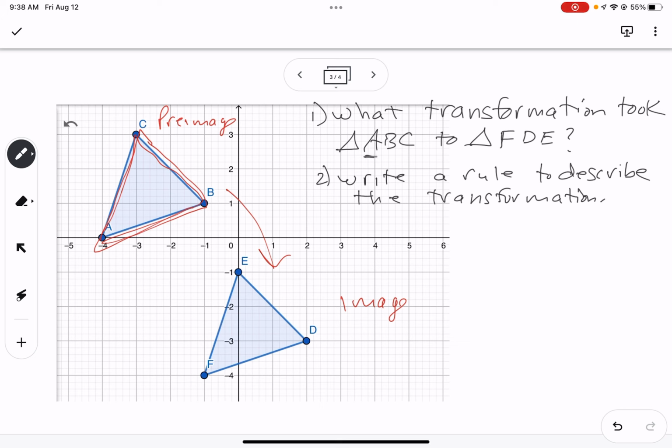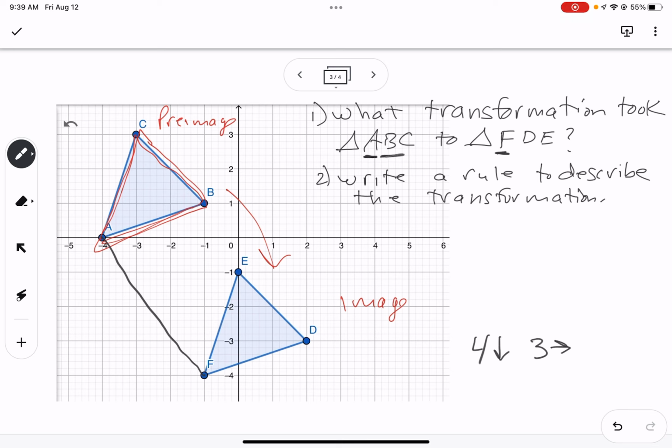If we were trying to map, A has to map onto F, so let's match them up and find out. If I start here at -4, 0, I will go 1, 2, 3, 4, I will go 4 down, and I will go 1, 2, 3 to the right. Let's take a look and test the other ones.